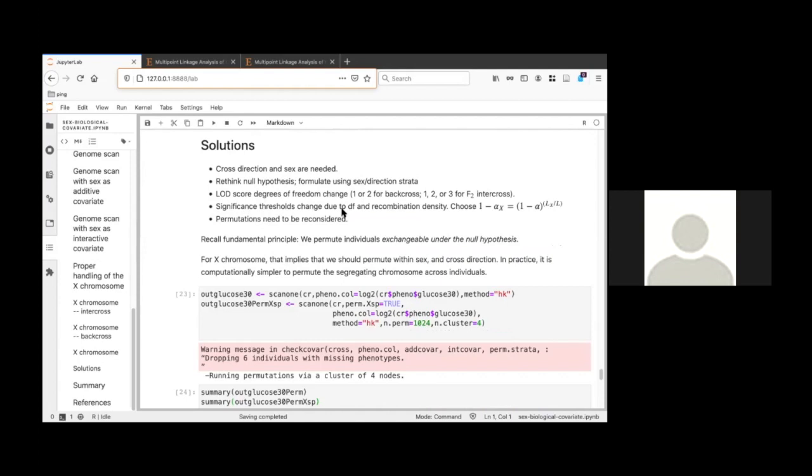So hearing no questions right away, let me just sneak one in. I found it really interesting, Saunak, that you did the permutation separately for the X chromosome when you were adding it both as an additive and an interaction. Maybe it was more important for the interaction term. To what extent does that logic apply to all autosomes or different parts of autosomes?